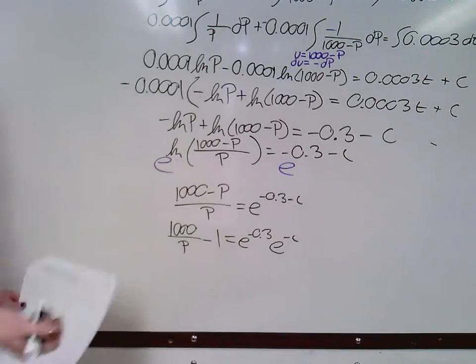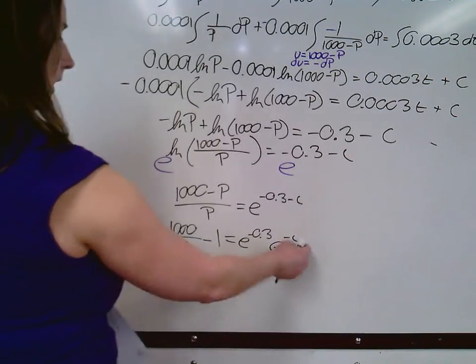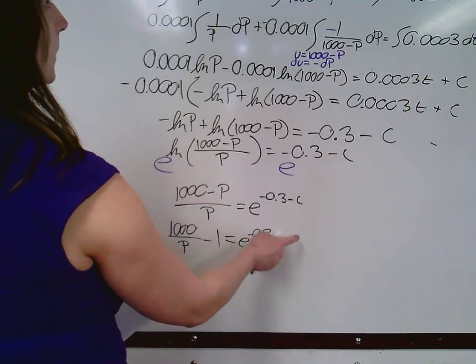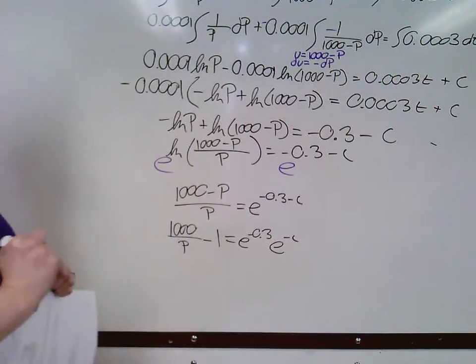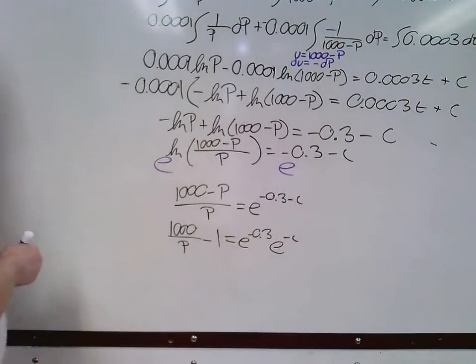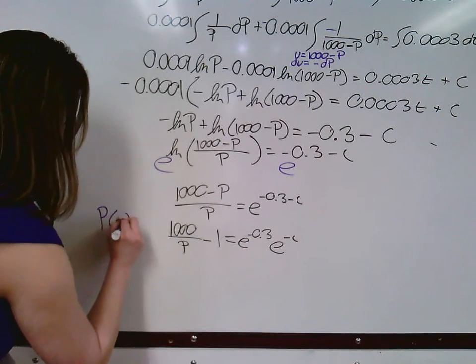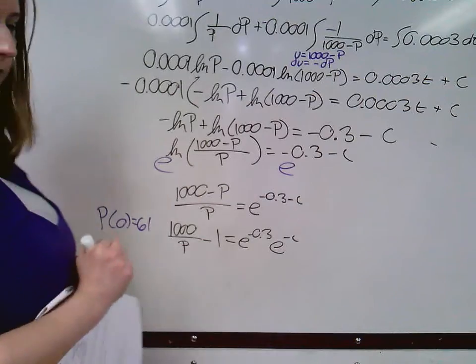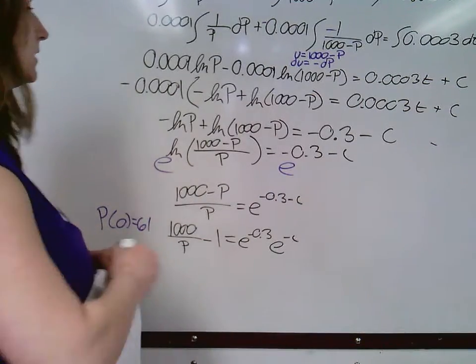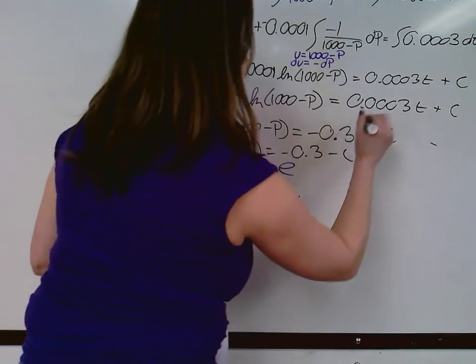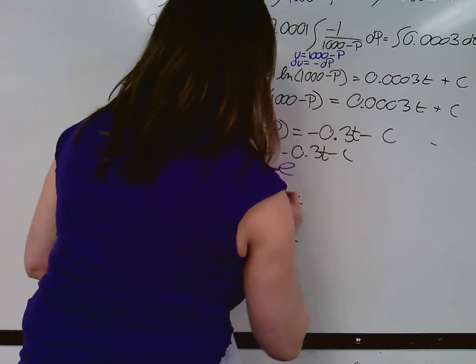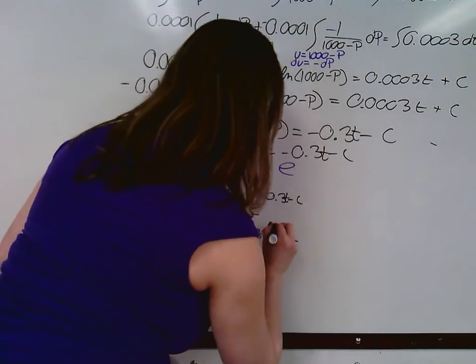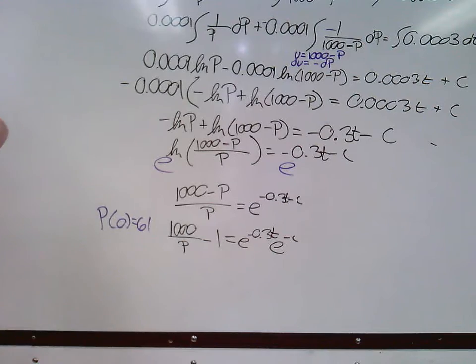Okay. Now I'm going to find this by putting my initial condition, which was p of 0 equals 61. Okay, so where I see t, I'm going to put, oh, that's a t right here. I always forget to put this t. There's supposed to be a t here, a t here, a t here, and a t. Okay, so t is going to be 0, p is going to be 61.